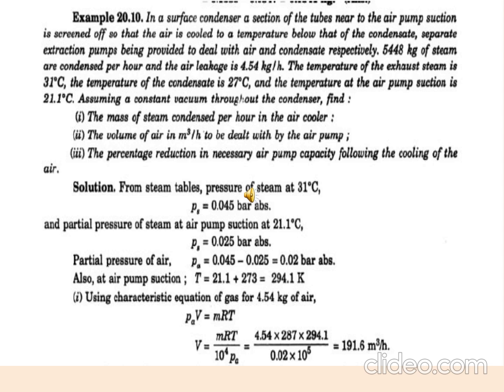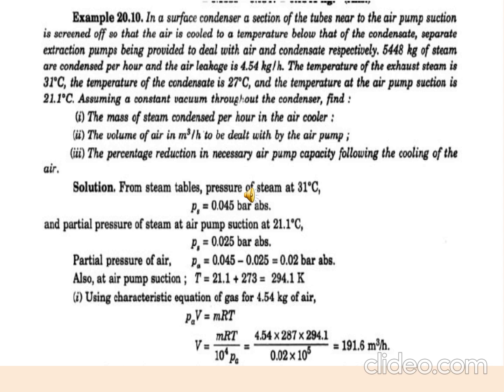The temperature of the exhaust steam is 31 degree centigrade. The temperature of the condensate is 27 degree centigrade. And the temperature of the air pump suction is 21.1 degree centigrade. Assume a constant vacuum throughout the condenser.